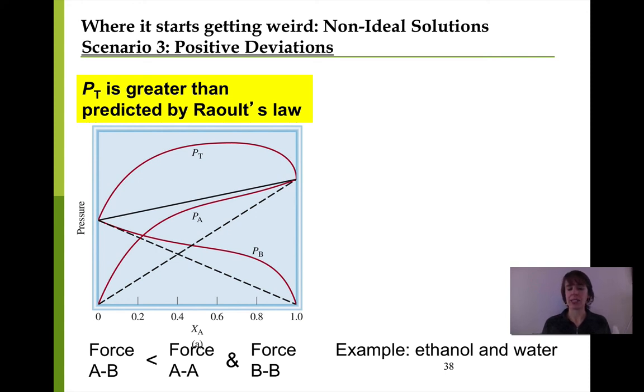The forces attracting A molecules to B molecules are weaker than the forces among A molecules and among B molecules. And so that forces the molecules to want to leave the solution to get out of this mixing scenario. They'd rather be among molecules that are like themselves, and so that ends up leading to evaporation.